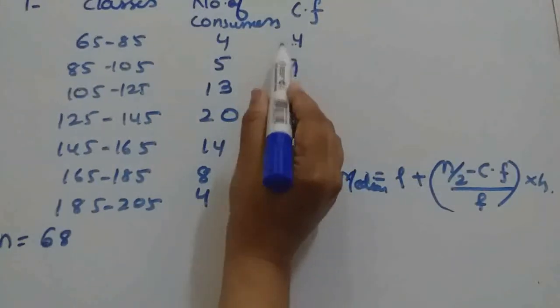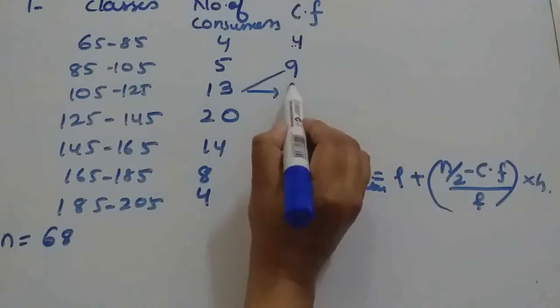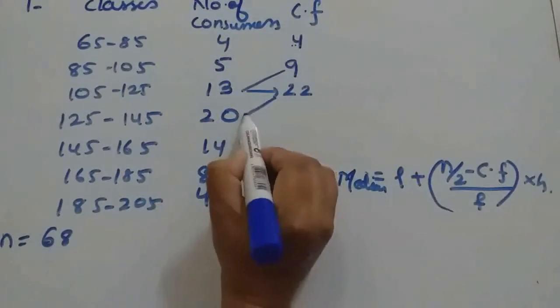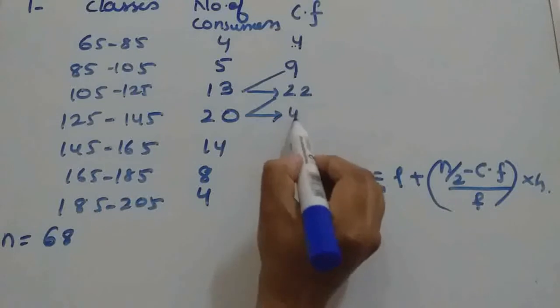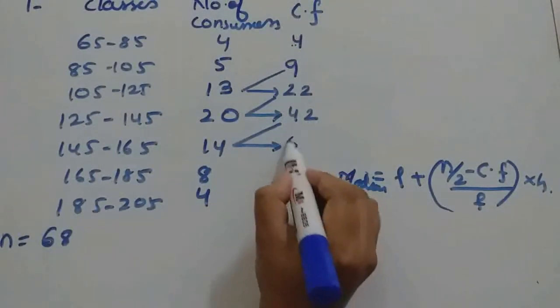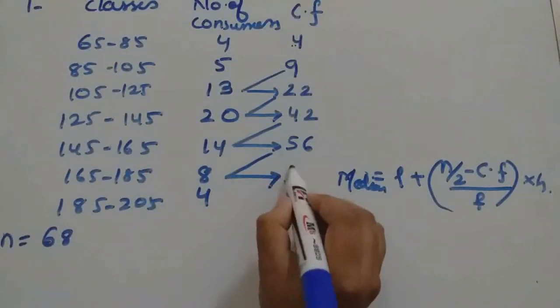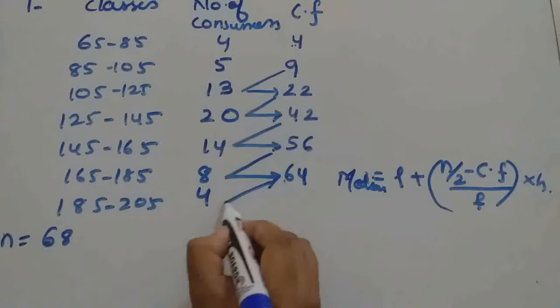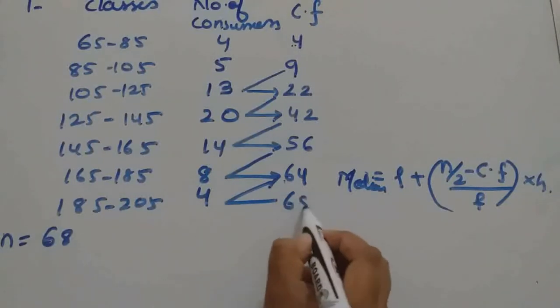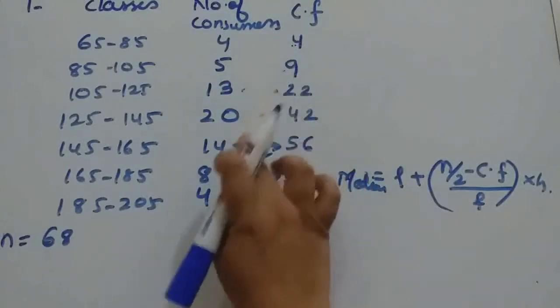You can call it a zigzag addition. 9 plus 13 you write here, so 22. Then 22 plus 20, 42. Then 42 plus 14 means 56. Then 56 plus 8, 64. 64 plus 4, 68. So this is like zigzag addition.